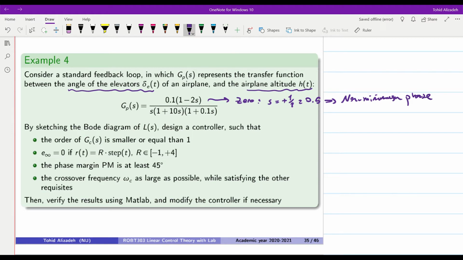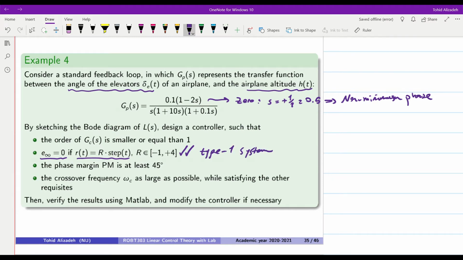We need to design a controller for this system by designing the Bode diagram of L such that the controller is at most a proportional one or a first order controller. So we don't go beyond first order controllers. We need to have the steady state error equal to 0 for a step in the reference input, and we can see that it is already satisfied because we have a type 1 system here.